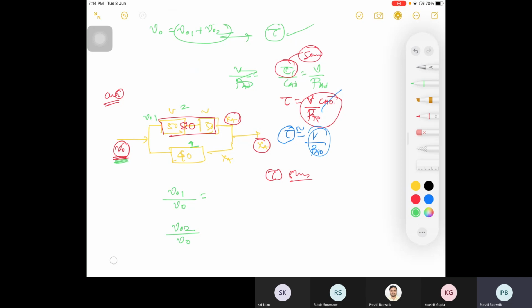So the fraction of volumetric flow distribution is 2 divided by 3, and the second is 1 divided by 3. Or simply, this is your stream 2, so volumetric flow rate in stream 2, and this is volumetric flow rate in stream 1.